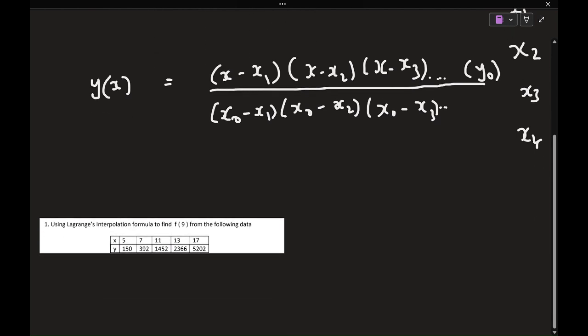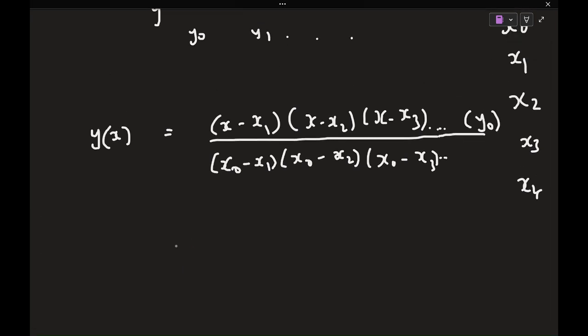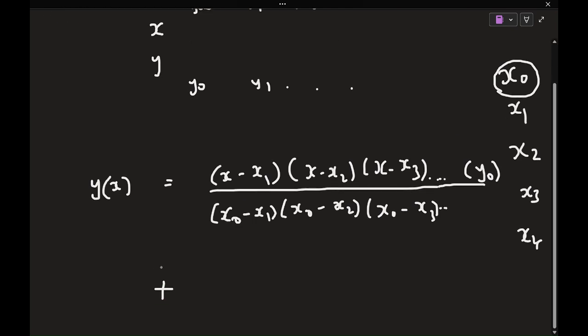Next I have the second term. First we excluded x0, correct? We don't have x minus x0 here. Now for my second set of terms, I'll be excluding x1.